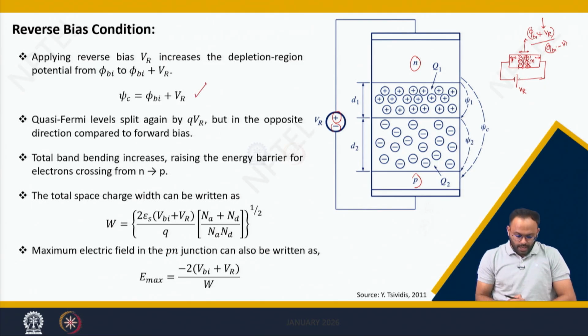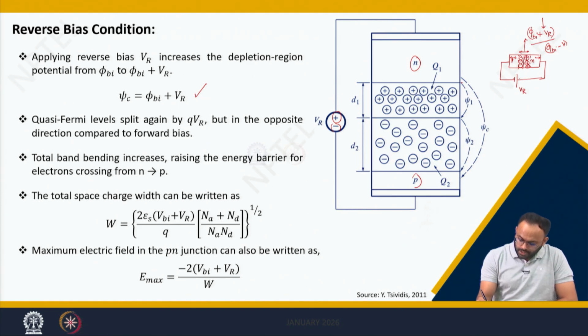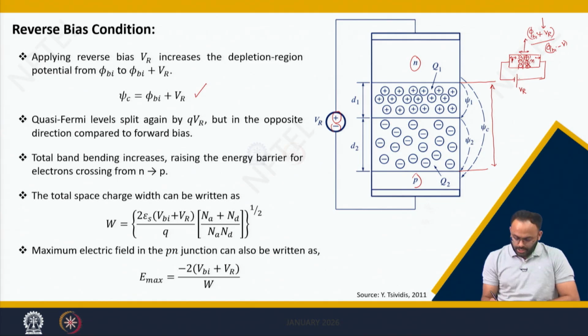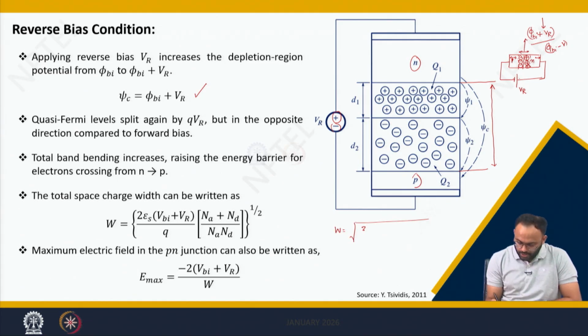We can also calculate the space charge width, which means the width of the depletion region from here to here. Now we need to consider the total voltage drop across the depletion region, which gives W equals the square root of 2 epsilon S divided by Q times (phi Bi plus Vr) times (1 over Na plus 1 over Nd).